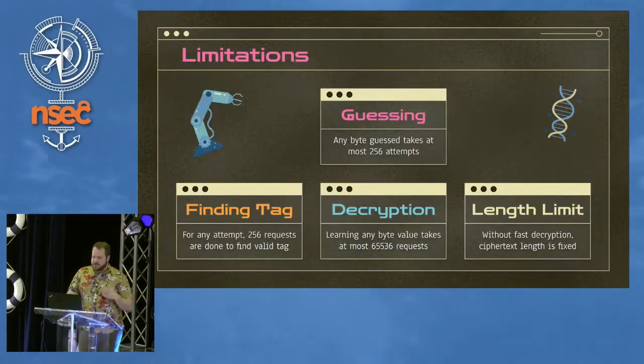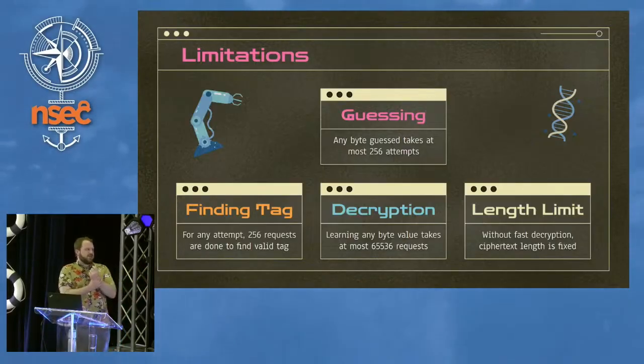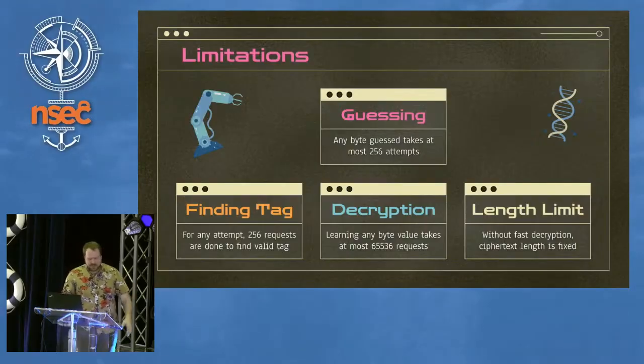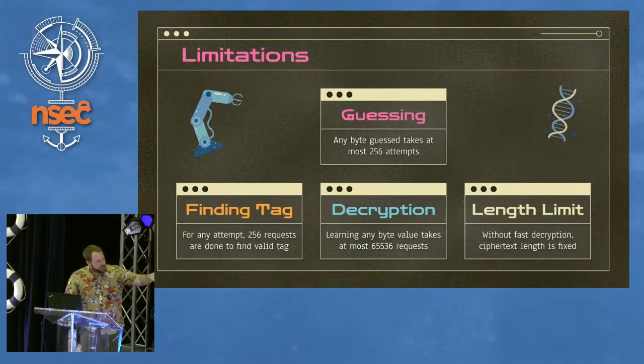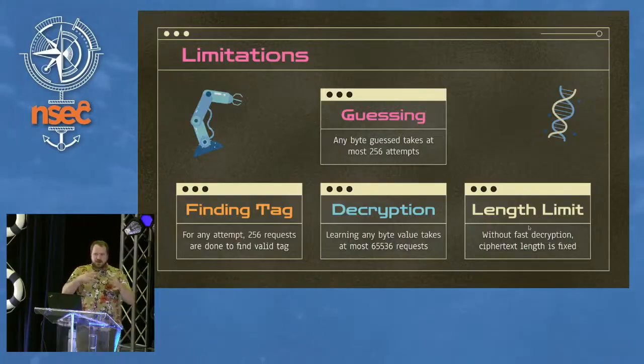You end up learning a byte every 65,000 requests. It takes a while, and over the network it might be long. I know it's doable, it's just not practical enough for a quick demo. So without fast decryption of those bytes, it's going to be hard to extend that ciphertext that you need to flip if it's too short.